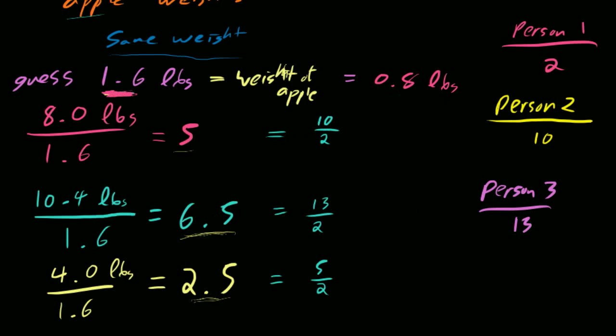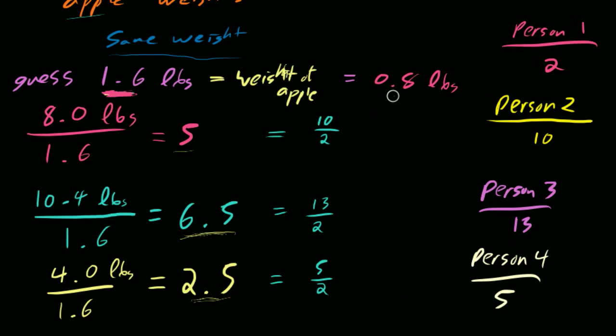And then person 4, for our first guess of 1.6 pounds being the weight of an apple, would have picked 2.5 apples. But now if an apple weighs half that much, we would be dividing this number by 1/2, which is the same thing as multiplying by 2. And now person 4 would have picked 5 apples instead of just 2.5.